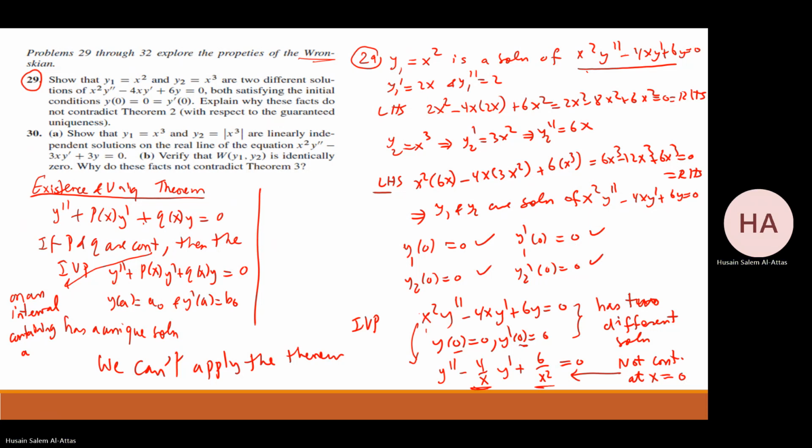Now 30. Show that these are linearly independent solutions on the real line. Verify that the Wronskian is exactly 0. Why do these facts not contradict theorem 3?